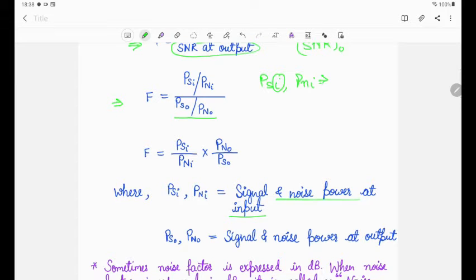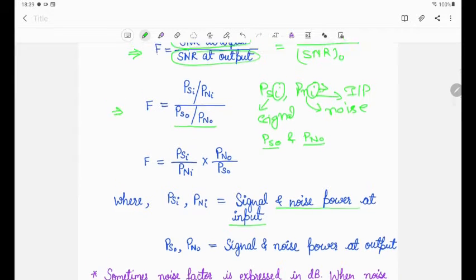S signifies signal, N signifies noise, and I stands for input. So PSI is the input signal power, PNI is the input noise power. Similarly, PSO and PNO are the output signal power and output noise power.